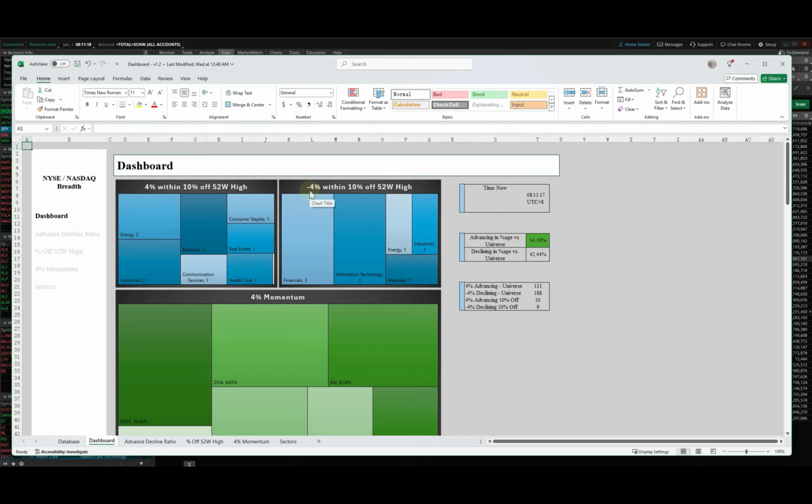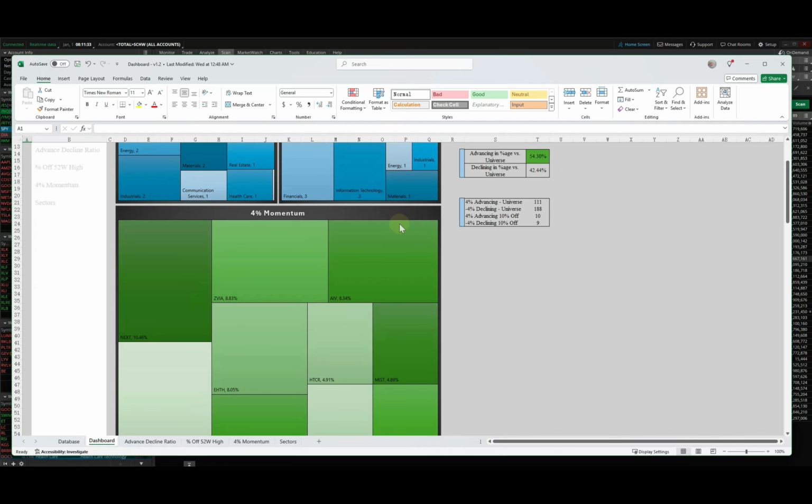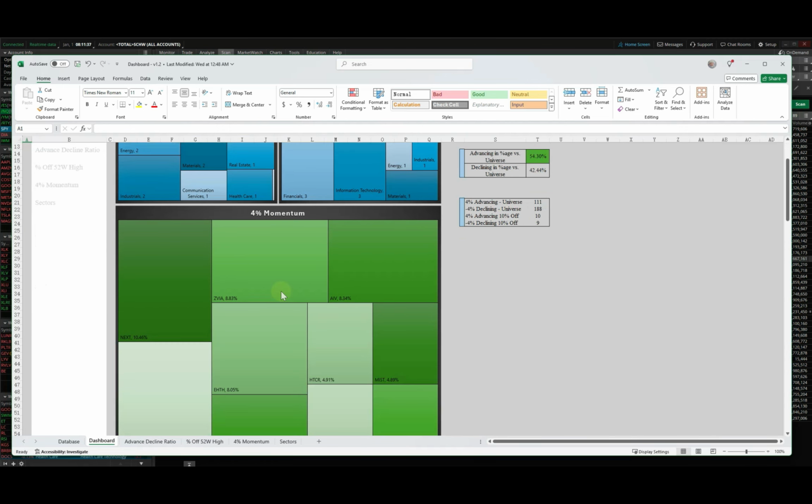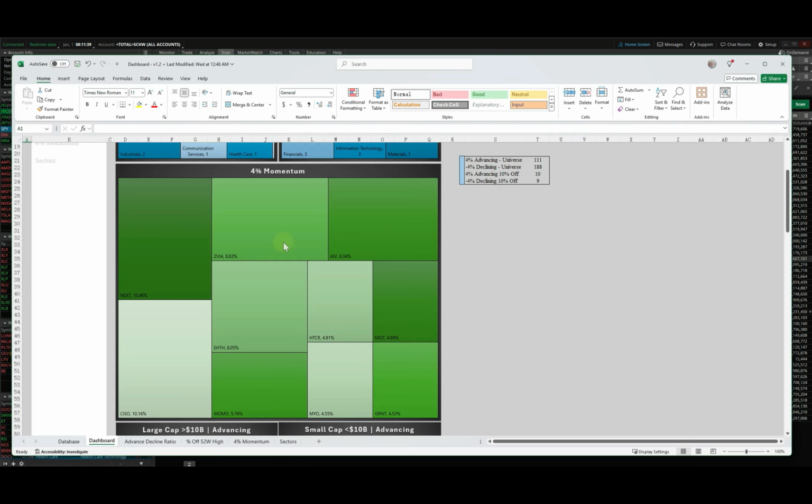Similarly, minus 4% or more is financial, so the financial sector seems a little weaker compared to the others. Information technology also has three stocks more than minus 4%.